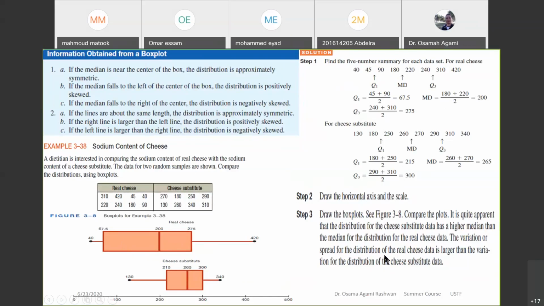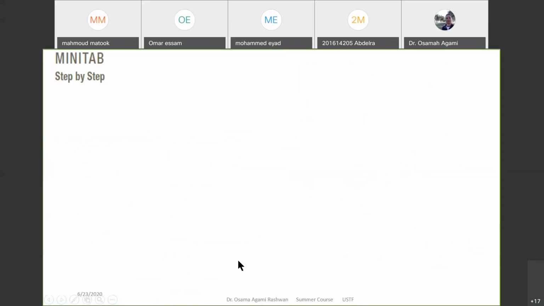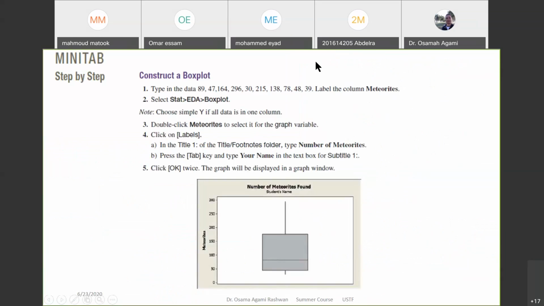This is why you say the variation or spread of the distribution of the real cheese data is larger than the variation of the distribution of the cheese substitute data. This is very important to compare, and later on we'll see how to do this using MATLAB and using Excel if we could.